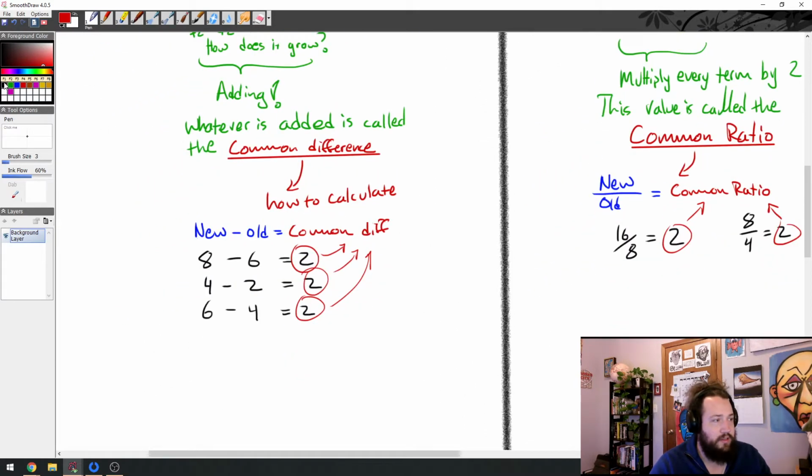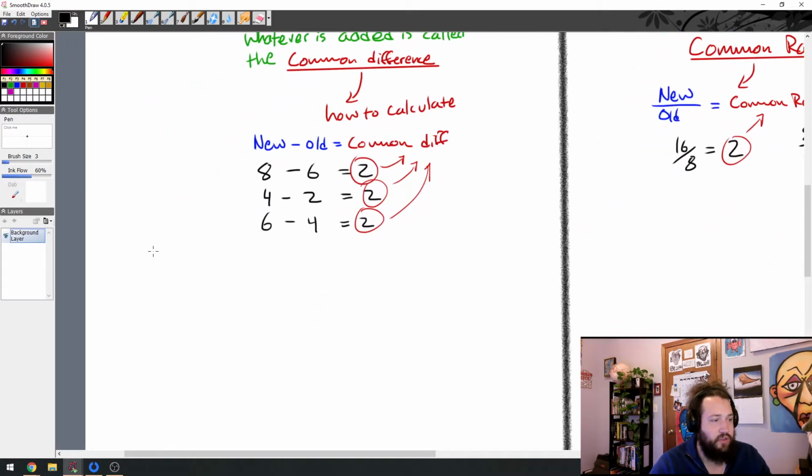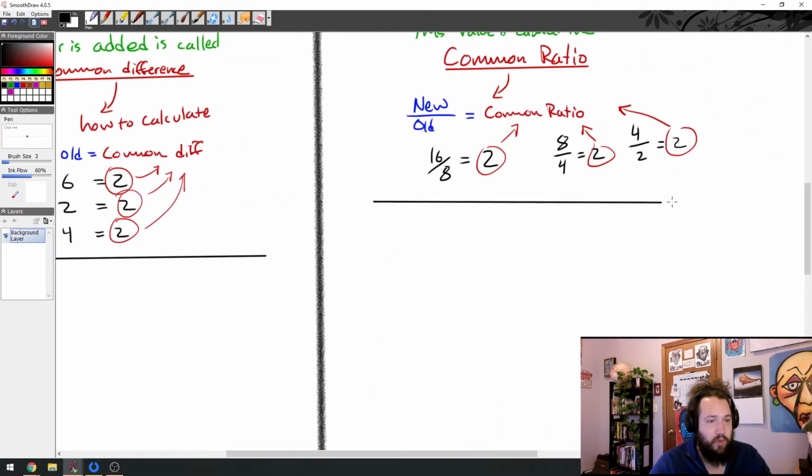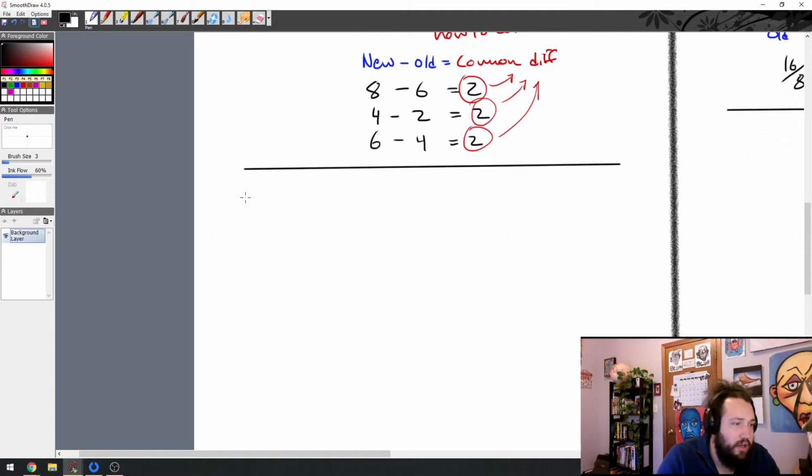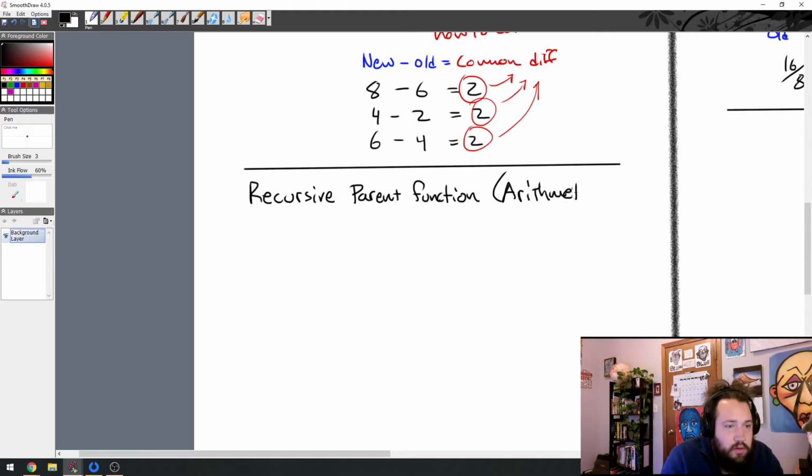Now, let's talk about how we actually make an equation for either of these. The recursive parent function for an arithmetic sequence would go like this.